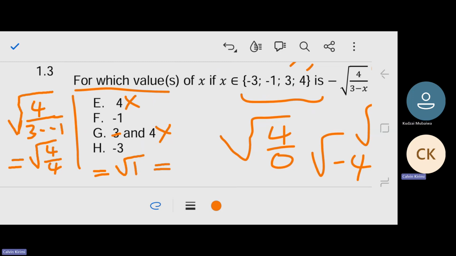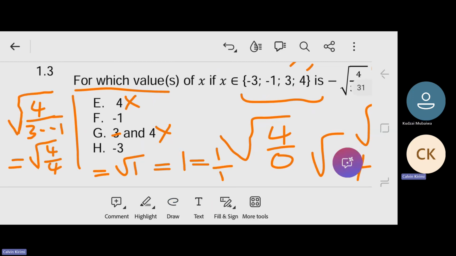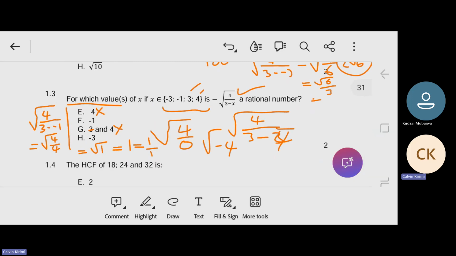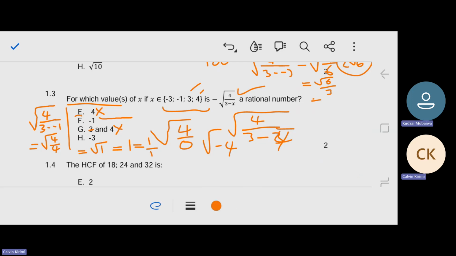The answer is 1. 1 can be expressed as a fraction, 1 over 1. So this is the only number that can be a rational number, when x is -1.